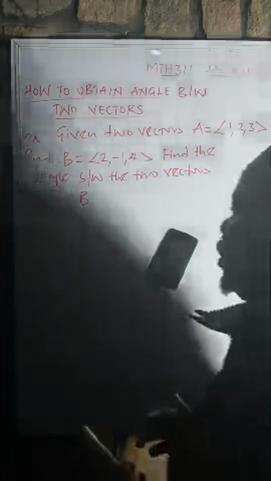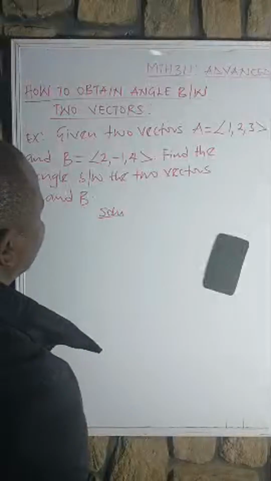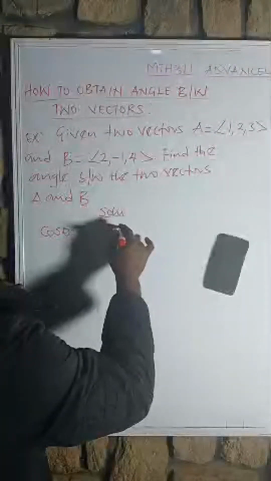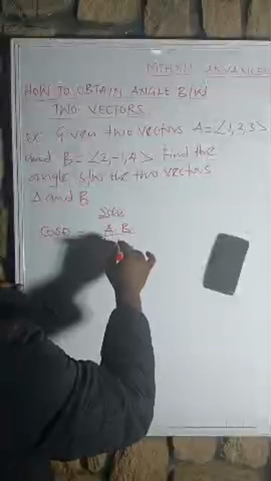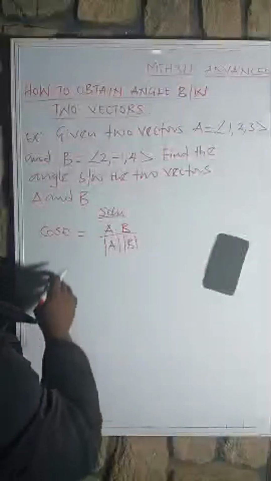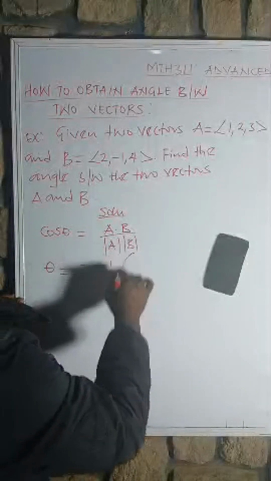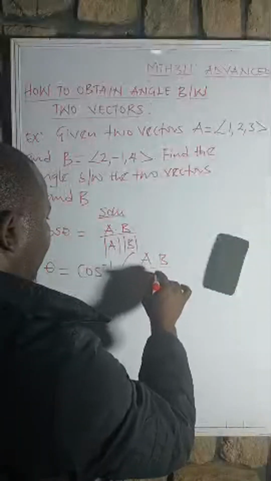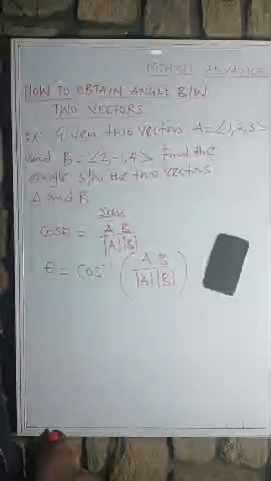If we want to find the angle between two vectors, our cos theta is equal to vector A dot vector B, all over magnitude of A times magnitude of vector B. So for us to find the angle, our theta will be cos inverse of A dot B all over magnitude of A and magnitude of B. So at first we are going to find the magnitude of A.